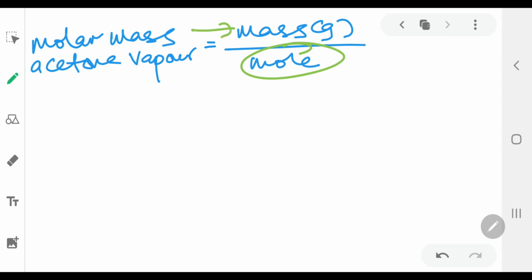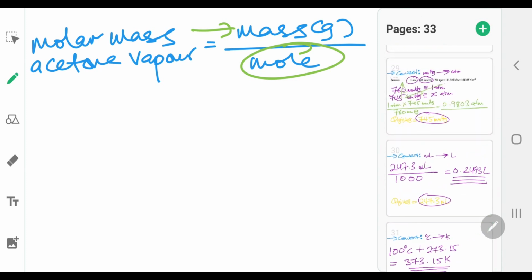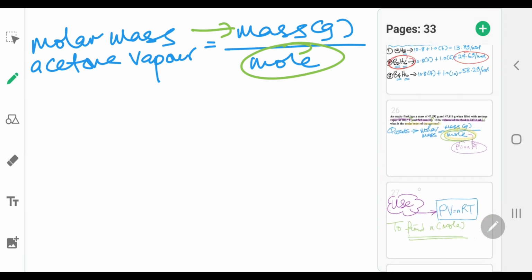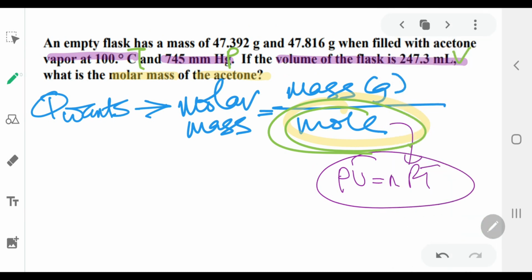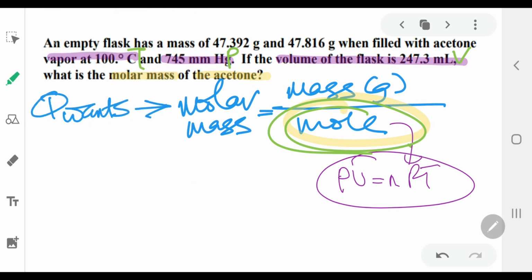Now, what about the mass? It is given in the question, but you have to work it out. Let me draw your attention over here: you have an empty flask with this mass.